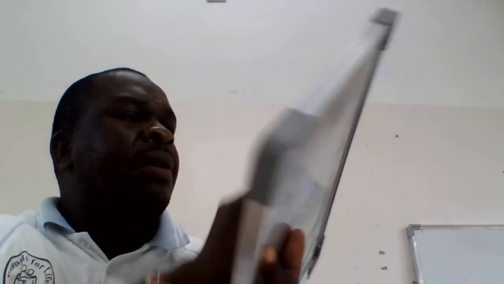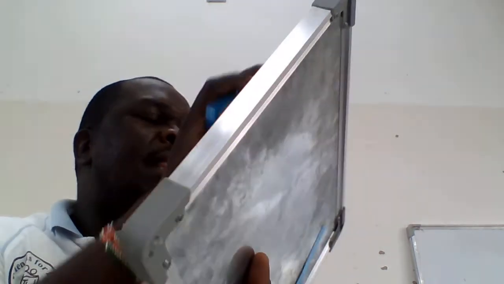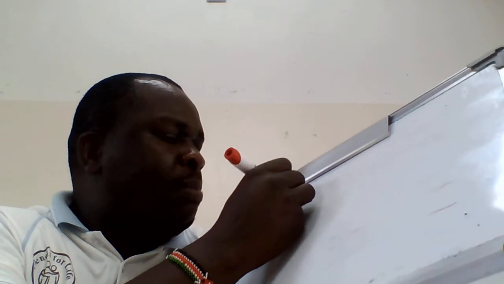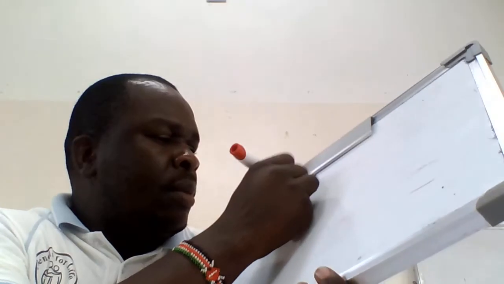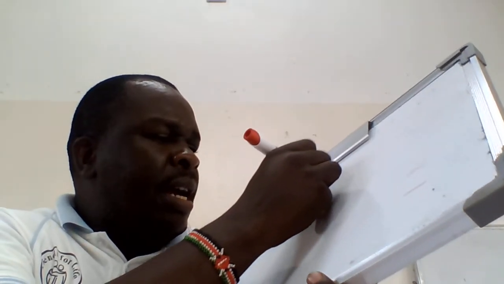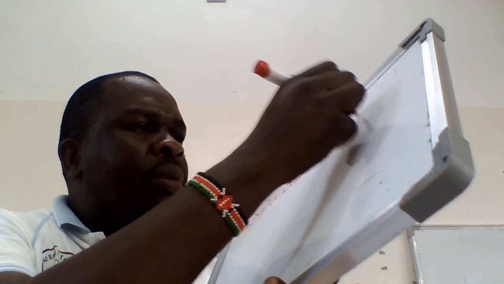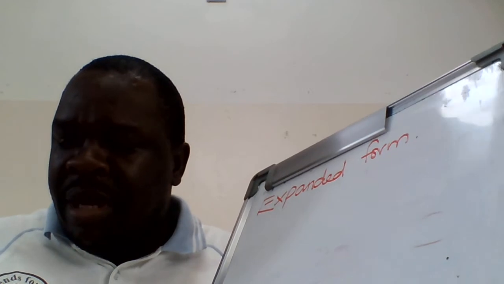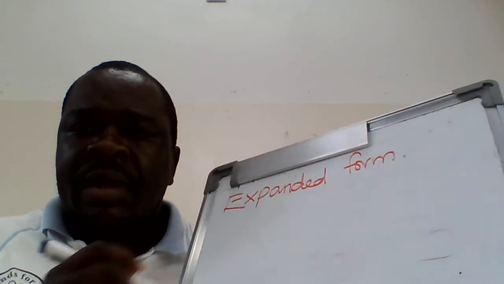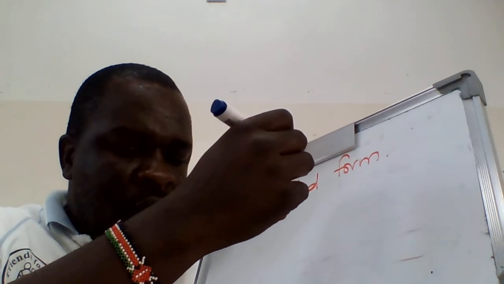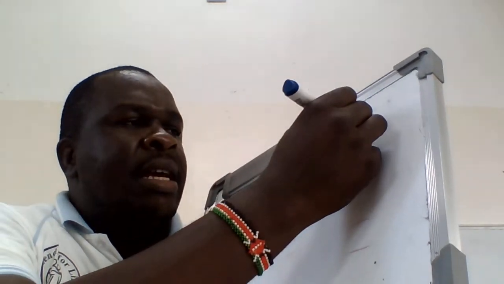Then lastly, boys and girls, you can be told to write this number in expanded form. In expanded form, the number was 233.